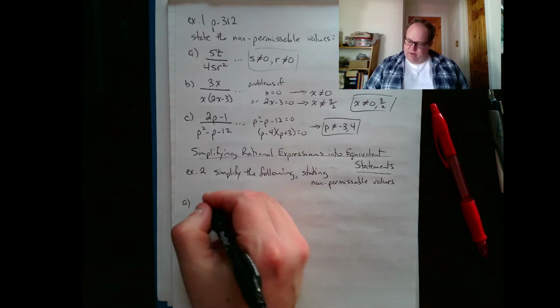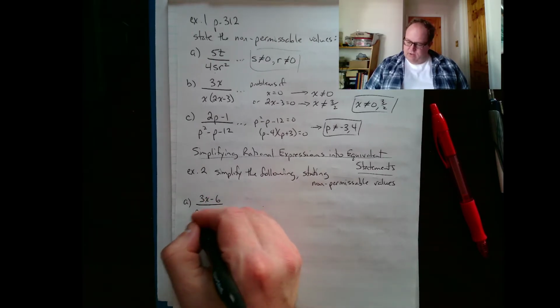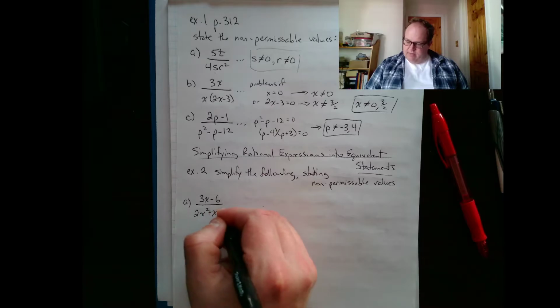In A, our expression is 3x minus 6 divided by 2x squared plus x minus 10.